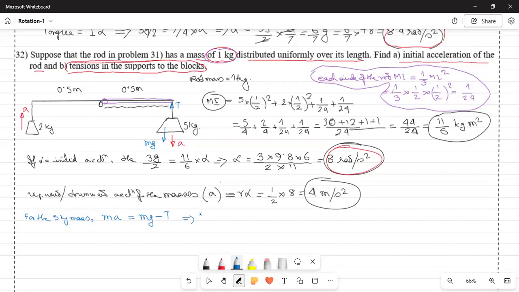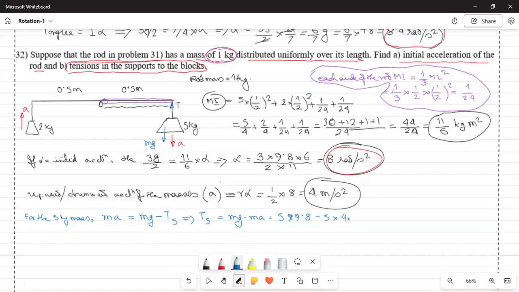So from here we find the tension, let us write T5, the tension in the 5 kg mass. Tension T5 is equal to mg minus ma, equal to 5 into 9.8 minus 5 into A, where A is 4.